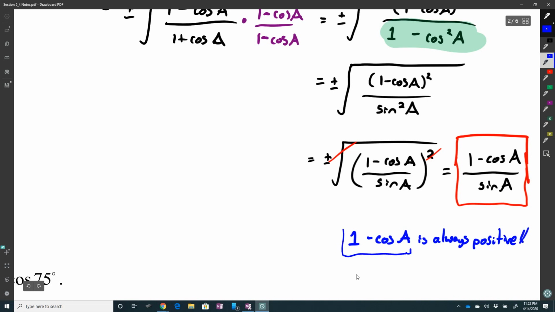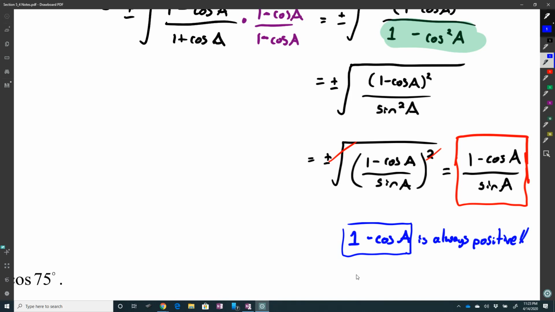Okay, so if you get that term, the largest cosine can be is 1. So 1 minus 1 is the smallest it can be, which would give you 0. So the answer for this ranges between 0 and 2. So it's always going to be positive.